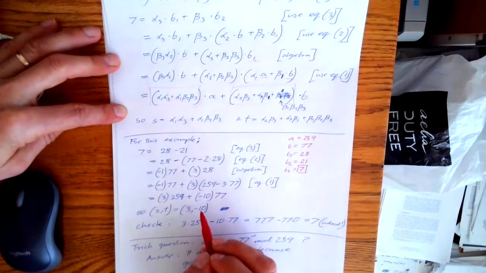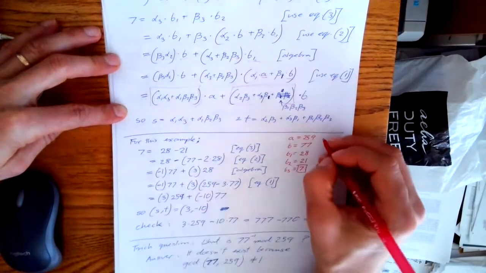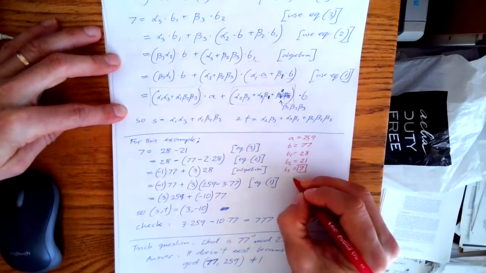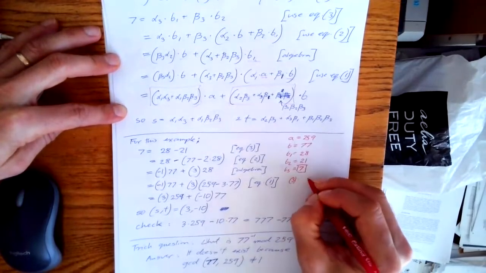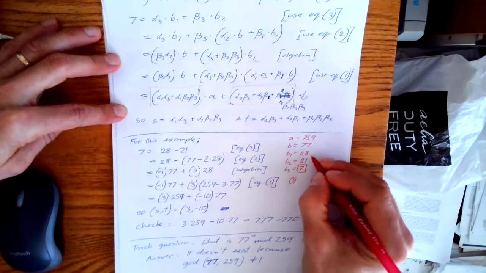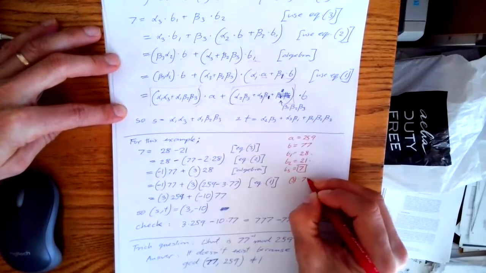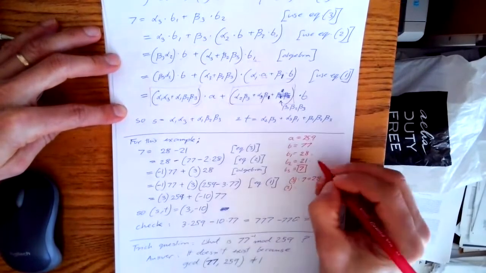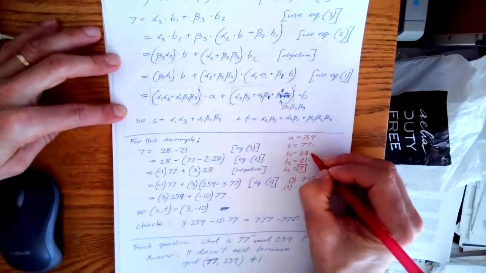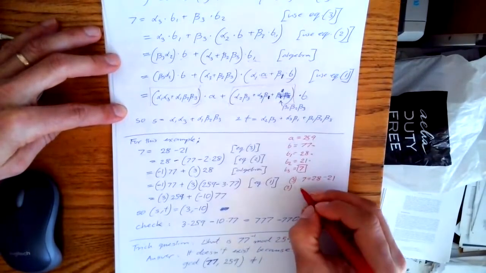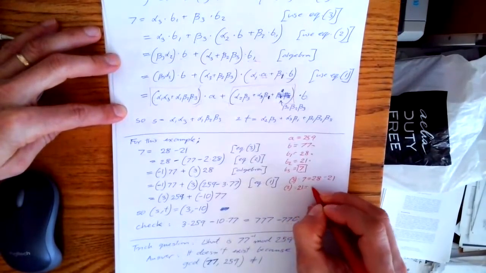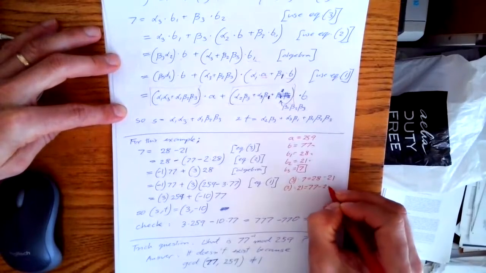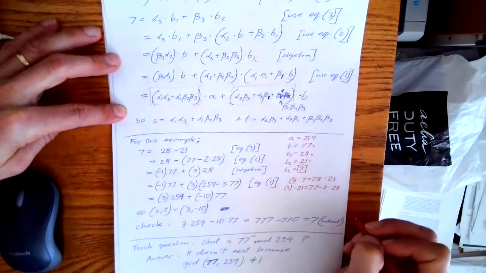So we had these equations. I will copy them here. Equation 3 expressed this guy in terms of these two, and it said 7 is 28 minus 21. Equation 2 expressed this guy as a linear combination of these two, and it said that 21 is 77 minus 2 times 28.